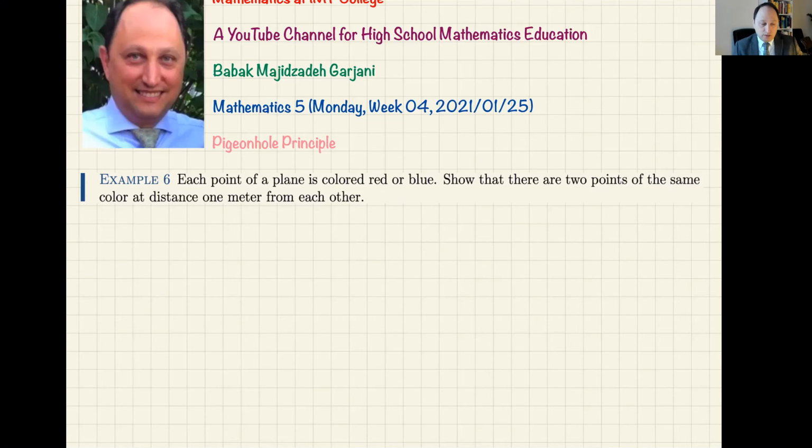I start coloring each point randomly, either red or blue. I want to show that it doesn't matter how this random process is done, definitely there are at least 2 points with the same color being 1 meter from each other.